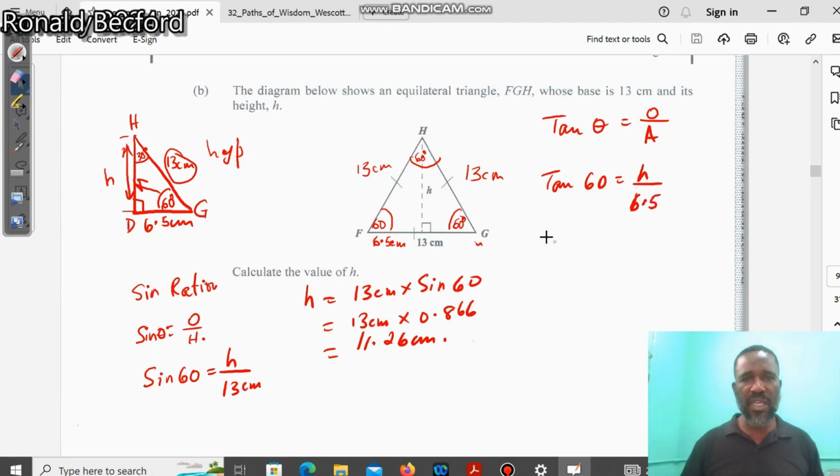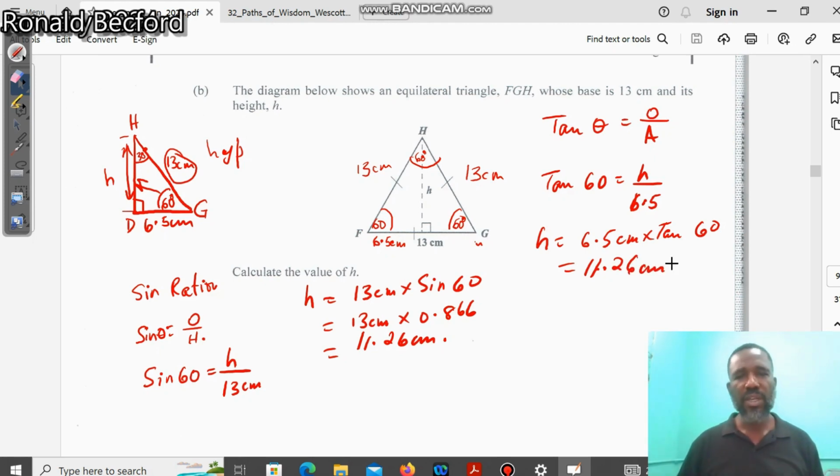So h is going to be equal to 6.5 centimeters times tan 60. And when we do that, 6.5 times tan 60 is equal to 11.26 centimeters. So either way, we could have applied the trig ratios, or we could have applied Pythagoras' theorem in order to calculate this question, to find the value of h.